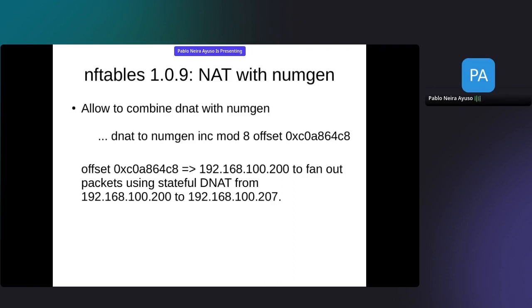This was not working before because the data types were not compatible. Numgen was generating a host byte order value, and DNAT is expecting a network byte order. And now user space realizes that where this is going to be used is the DNAT statement, and the DNAT statement needs to be in network byte order, so it's introducing the network byte order conversion to make things work.